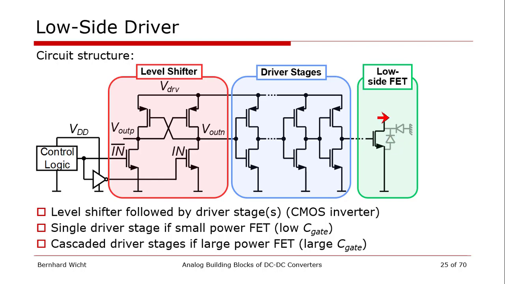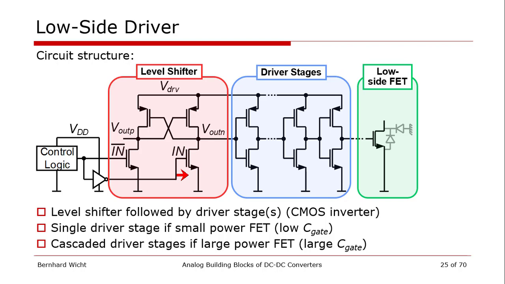And then we control it at the left here from some control logic, which can run from a lower voltage, let's assume 1.8 volts or even 3 volts. And then we need to send this voltage to a level shifter, which is then operating from the V-drive voltage. So this is an example of a fundamental level shifter, so-called cross-coupled level shifter. It has 2 complementary outputs.